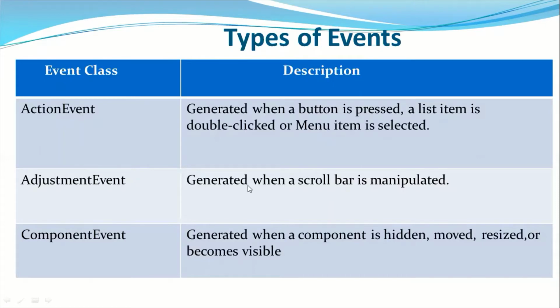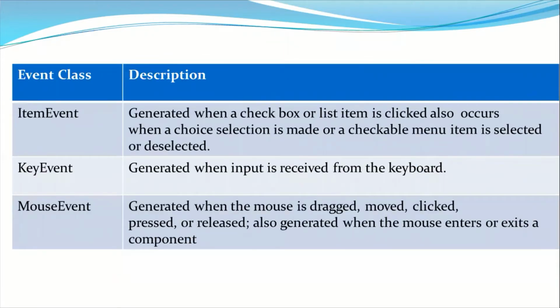AdjustmentEvent is generated when a scroll bar is manipulated. ComponentEvent is generated when a component is hidden, moved, resized, or becomes visible. ItemEvent is generated when a checkbox or list item is clicked. It also occurs when a choice selection is made or a checkable menu item is selected or deselected.